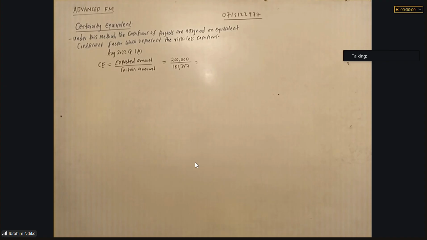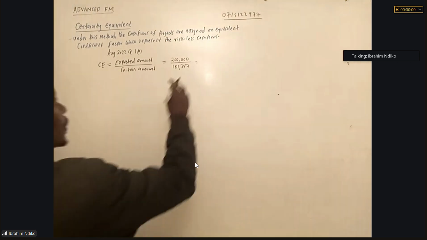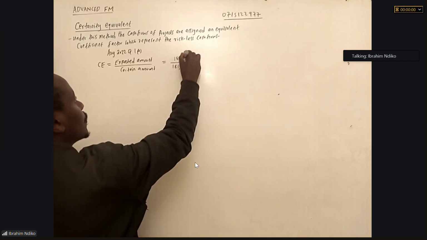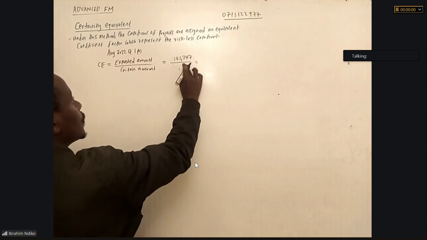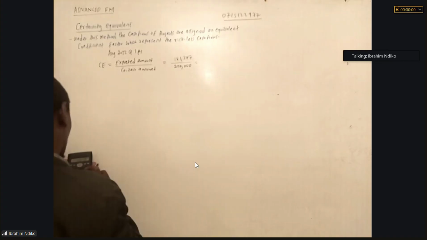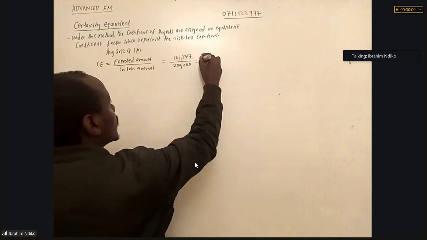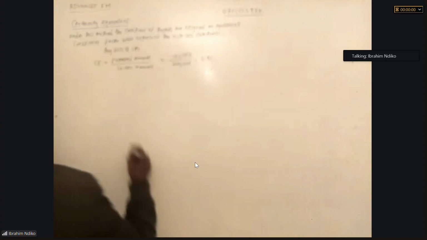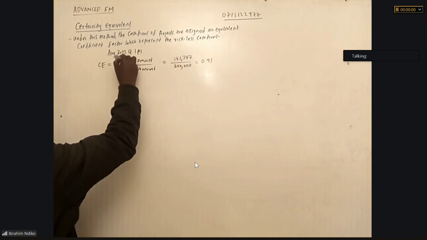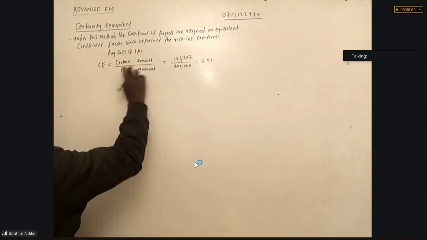Now, actually, this one is wrong. It's supposed to be the certain amount you divide by the expected. Yes. So 181,347 divided by the 200,000. So our certainty equivalent will be 0.9. Change this one to certain over expected.